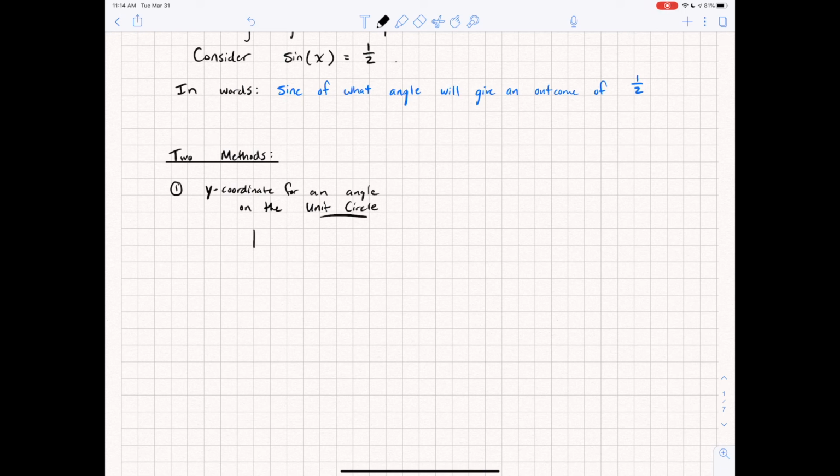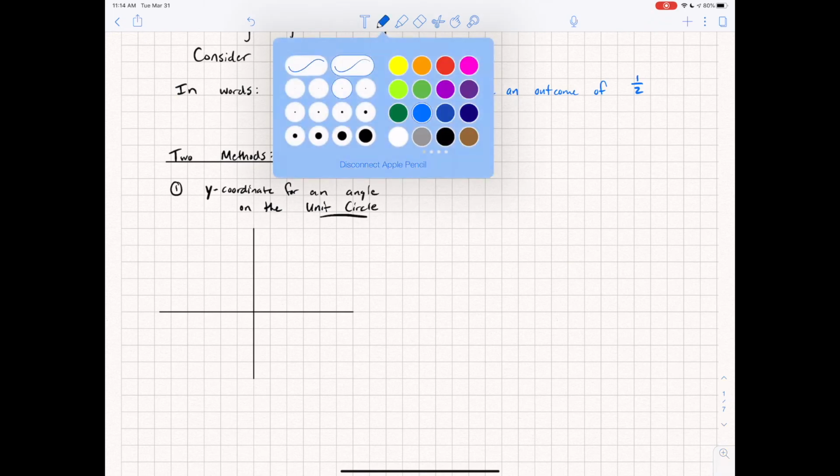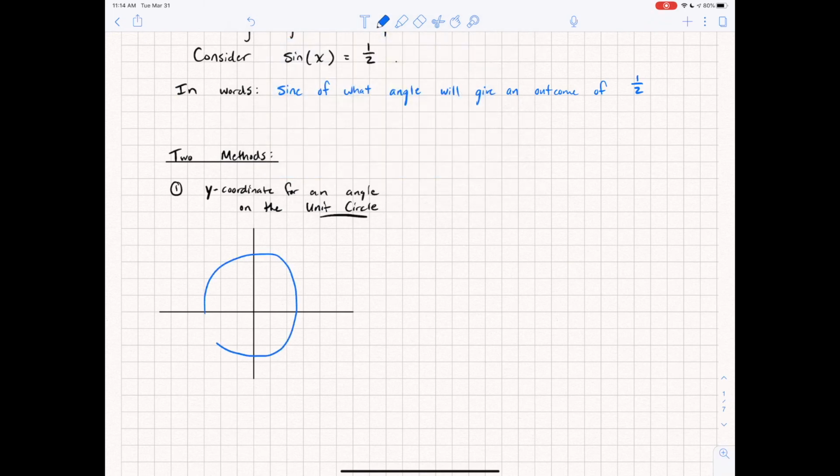All right, so I'm just going to draw a basic circle here. I'll draw it in blue. Now let's center this up. There we go.